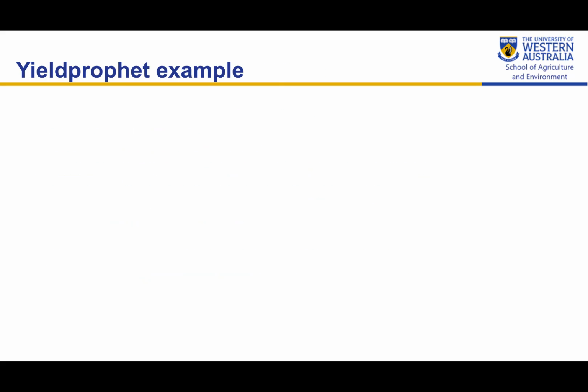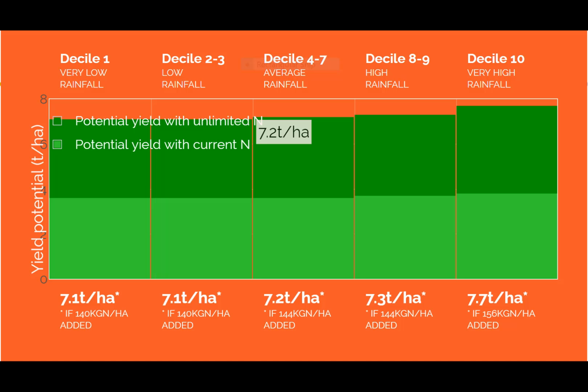So you're already familiar with the use of yield profit, because I believe you're using that in your current assignment. So what yield profit gives you is a distribution of yield potentials.